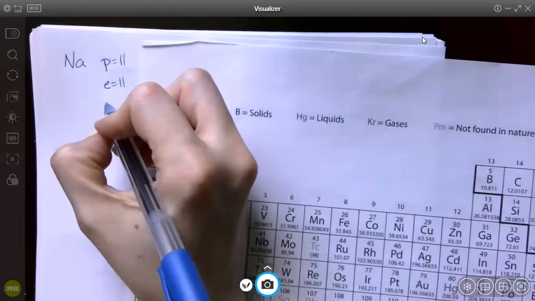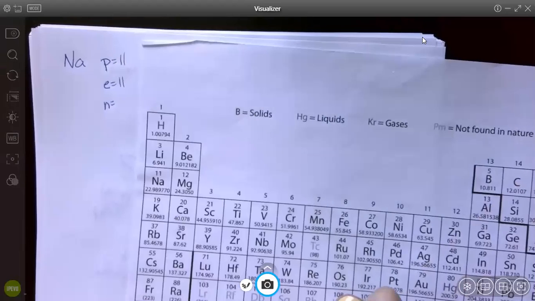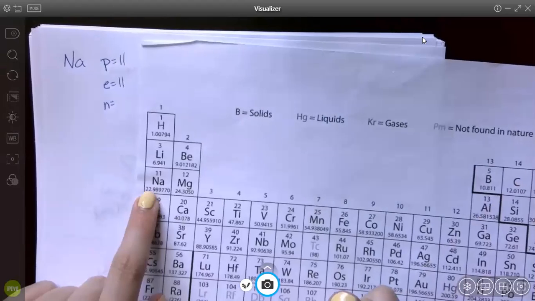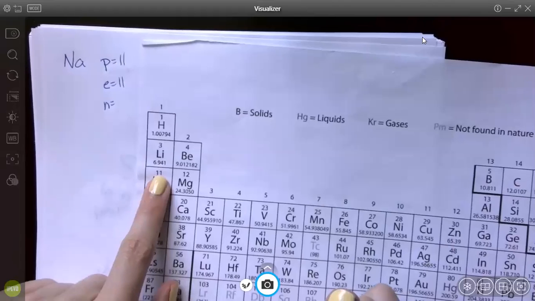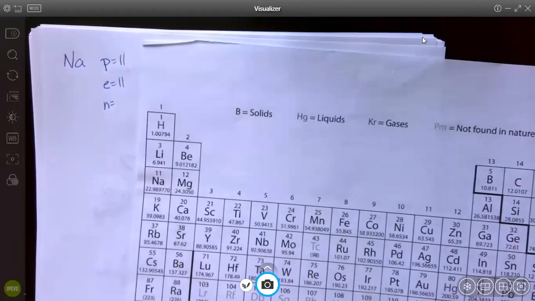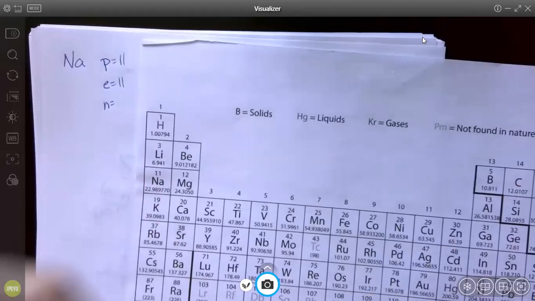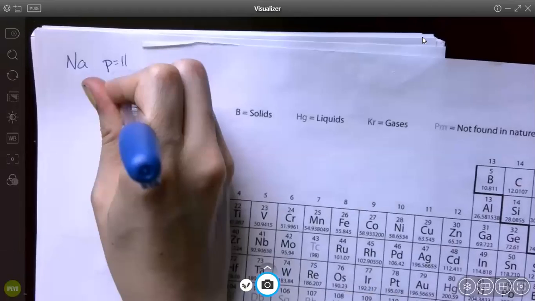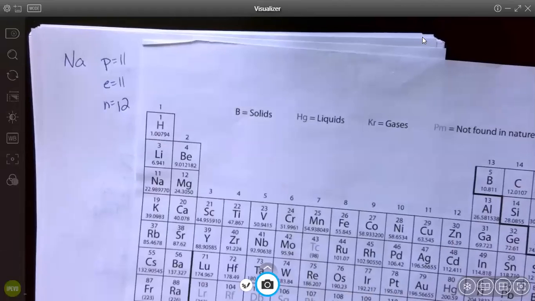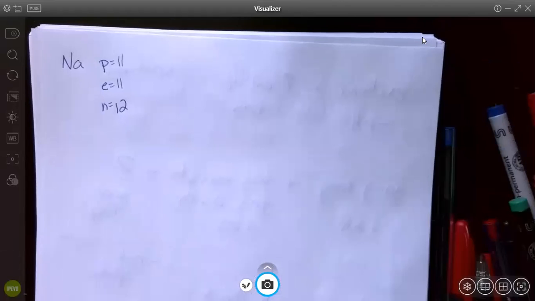And then the neutrons are going to be the mass, which we're going to round up to 23, minus the 11. So if we do 23 minus 11, you get 12. So we will have 12 neutrons.